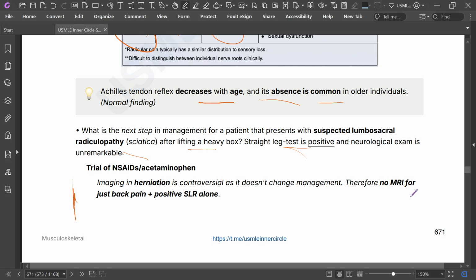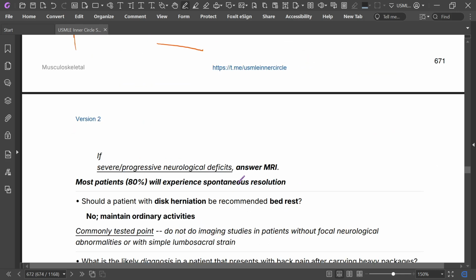So therefore, no MRI for just back pain plus positive SLR alone. Okay, if there is severe progressive neurologic deficit, we should do MRI.